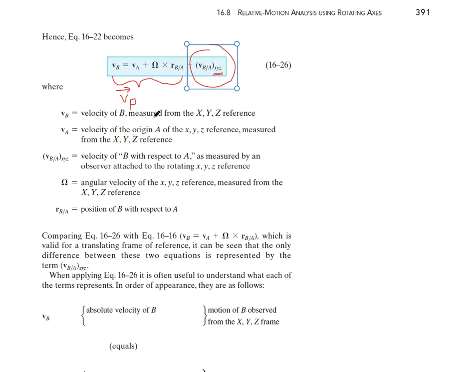Okay, so we can say that the velocity of B is the velocity of the point that momentarily coincides with B but is fixed relative to the moving frame, plus the relative velocity of point B with respect to A measured in the moving frame.